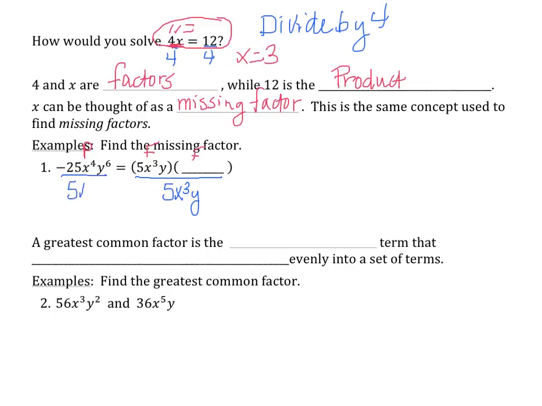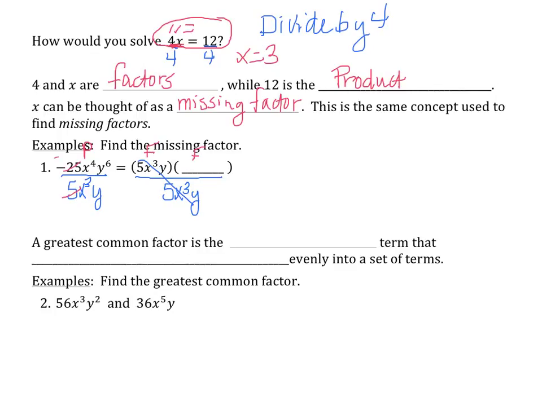So if we divide the product by the factor, we'll be able to figure out what that missing factor is. This cancels, obviously. So the missing factor is this being divided. Okay, so we're going to take negative 25 and divide it by 5.